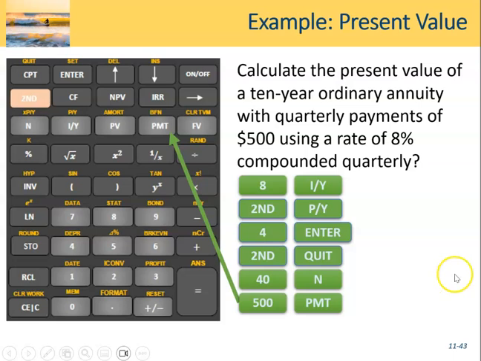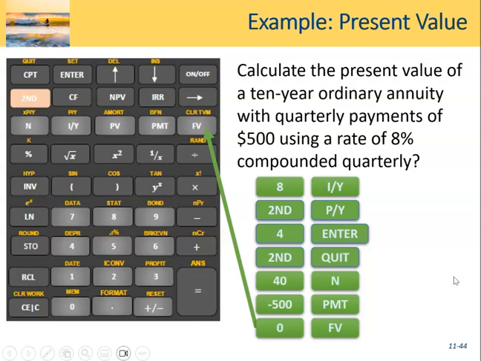We're making payments of 500, so 500 PMT. We want a 0 future value. Oh, and for your payment, don't forget to put in the plus minus button. So 500 plus minus PMT to give you a negative 500 because it's a payment going out. We want the future value of this to be 0.